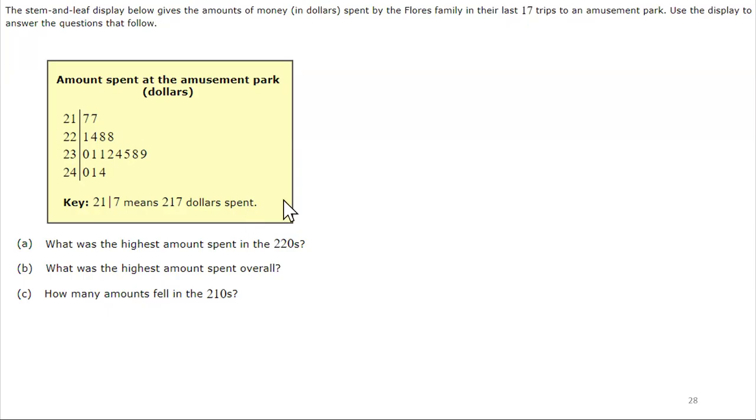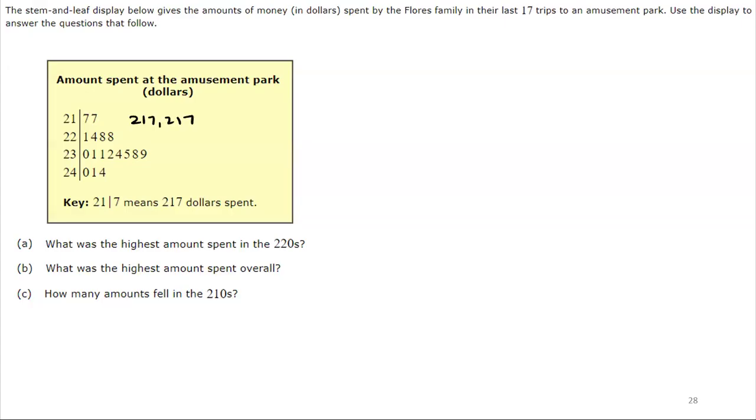Okay. So this is kind of a concise way of listing the numbers. For example, this one here, 21 and then two number sevens, means the number 217 is listed twice. So this is 217 and then 217.